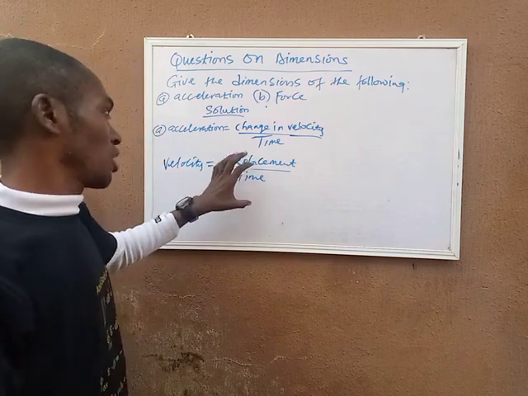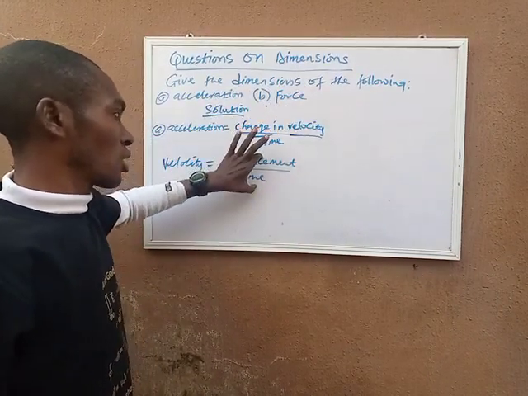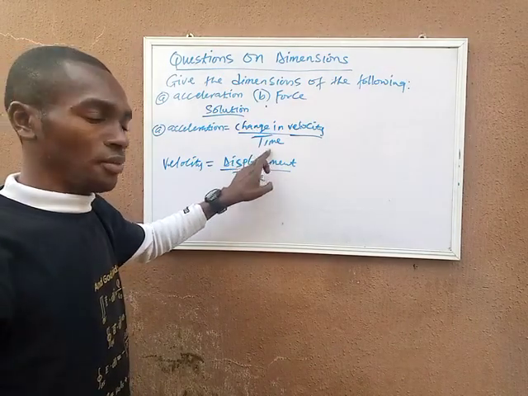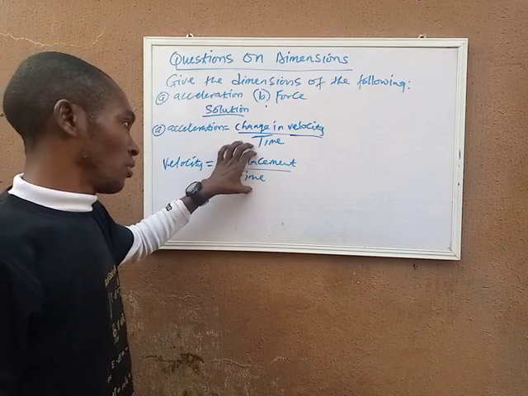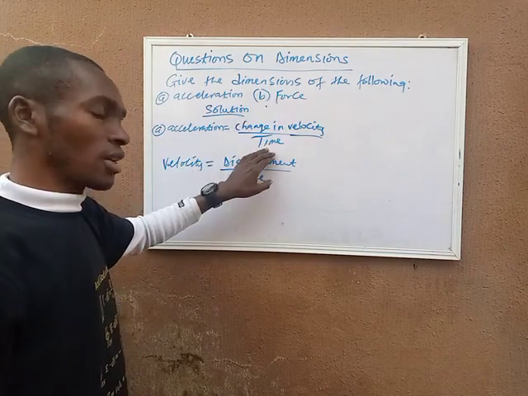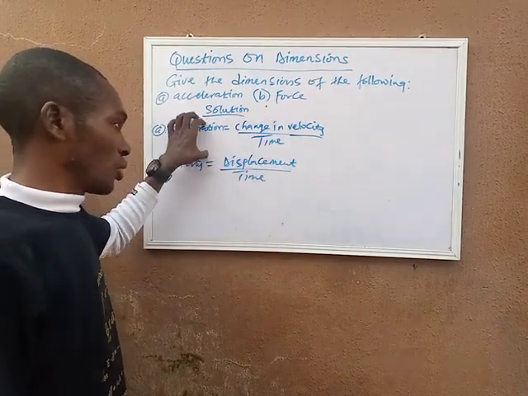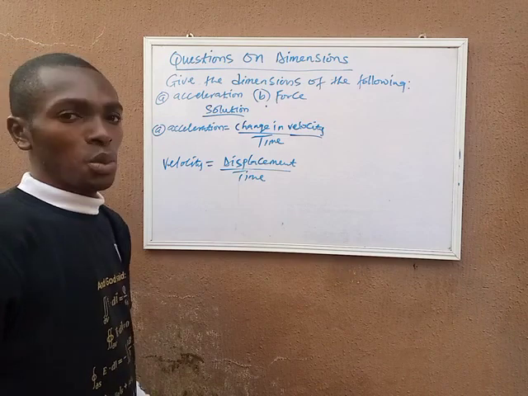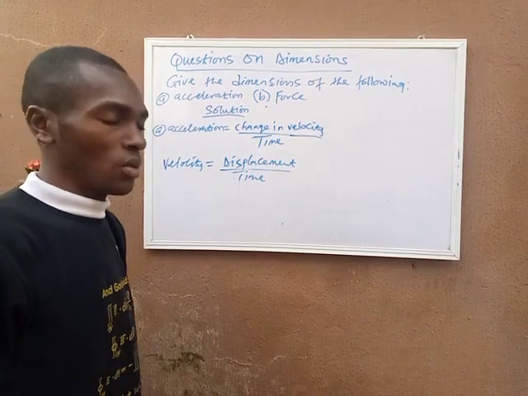So what it means is that we must replace this change in velocity with this before we have time. So we can also write the dimension of velocity first, so that we can replace it here and write that of time, and then we have our dimension for acceleration. Now, we know that displacement is the same thing as distance in a specified direction.